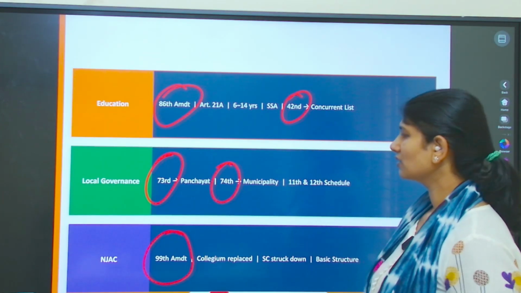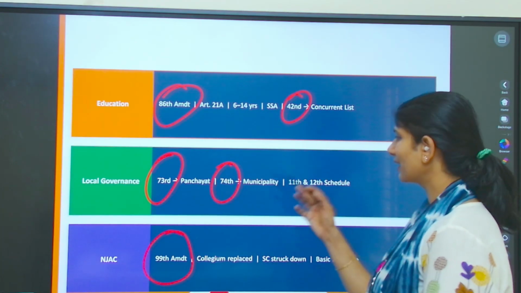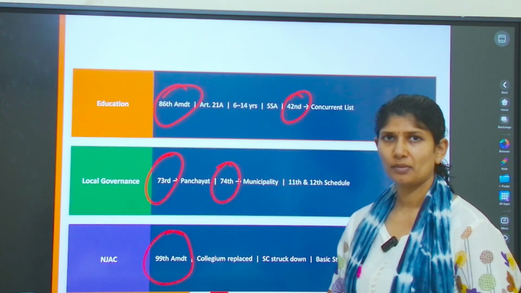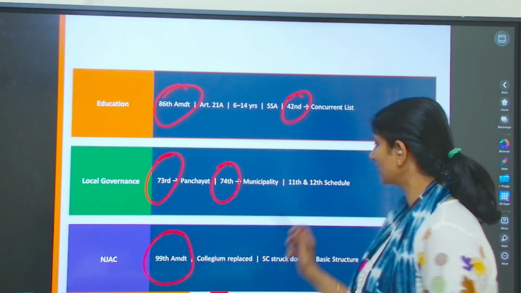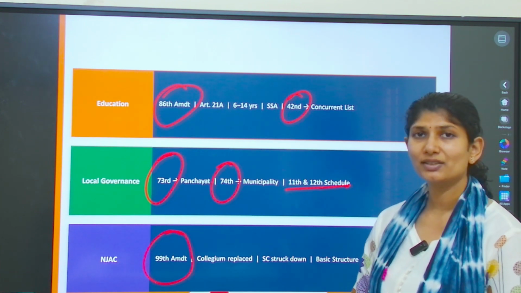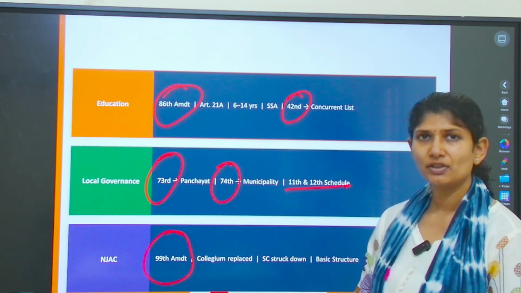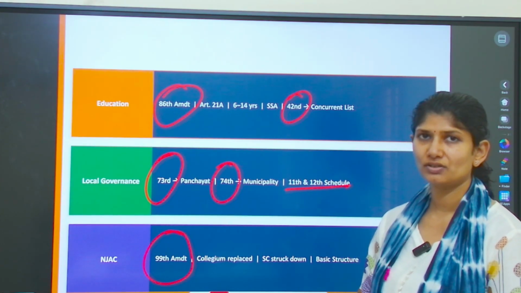Next, in local governance, panchayats were added under the 73rd Amendment and municipalities under the 74th Amendment. The 11th and 12th Schedules were created here. The NJAC in the 99th Constitutional Amendment Act was struck down by the judiciary because it violated the independence of the judiciary and thus the basic structure itself.